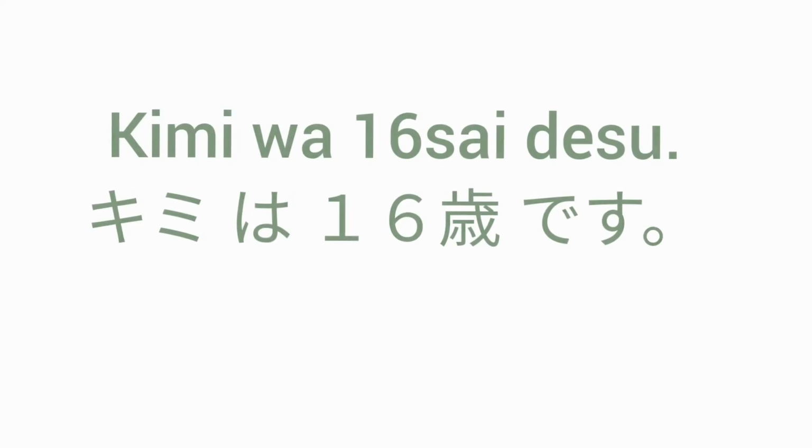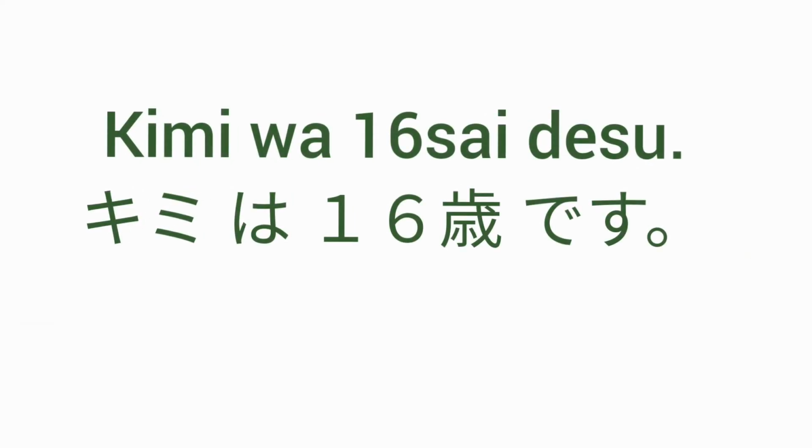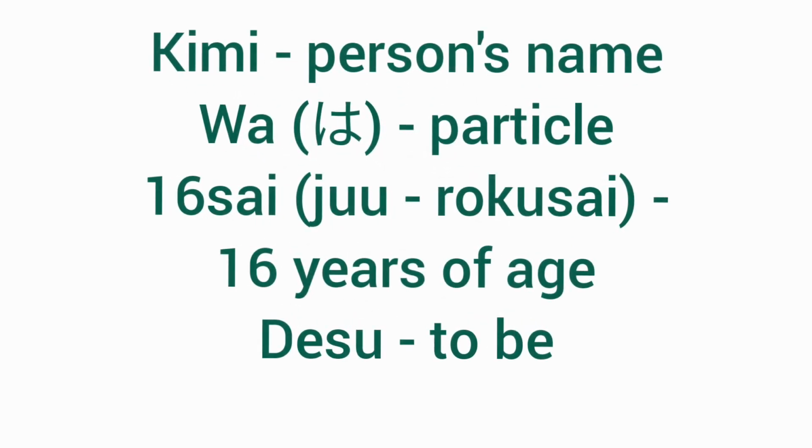Okay, let's move on to the next example. Kimi wa 16 sai desu. Kimi is the person. Wa is the particle. 16 sai means 16 years of age.